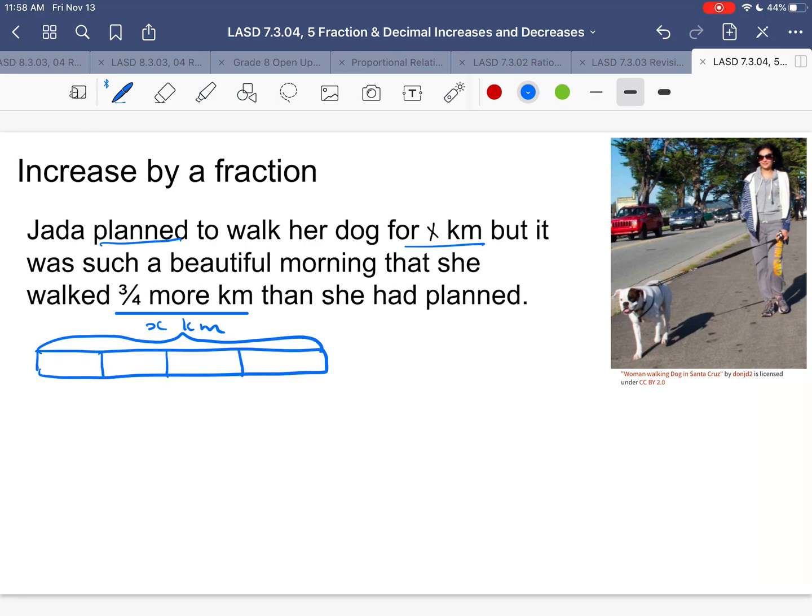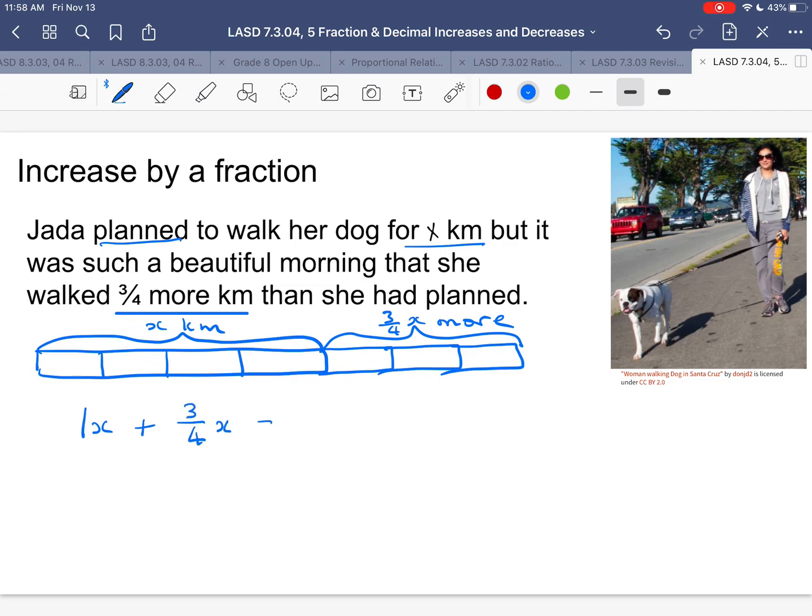So each of those blocks is 1/4, and she did 3/4 more than she had planned. So this is 3/4 x more. And increasing by a fraction, we have 1x is what she had planned, but then she did 3/4 x more. So that's, if we use the distributive property, 1 and 3/4 x kilometers.